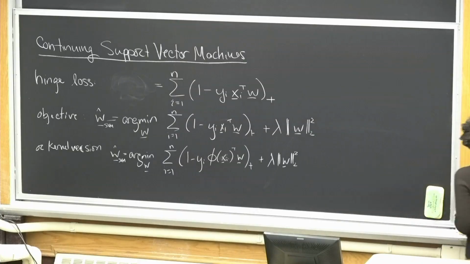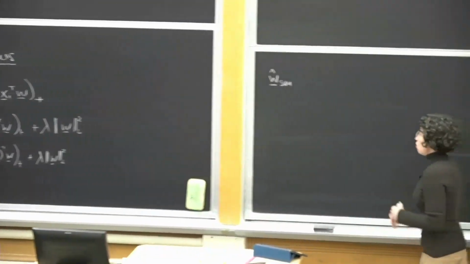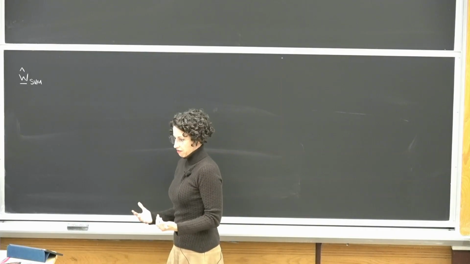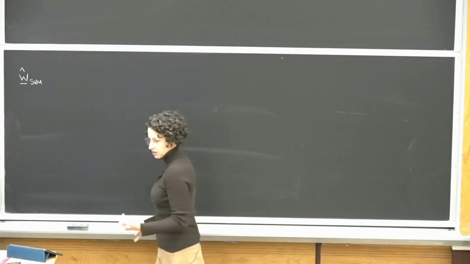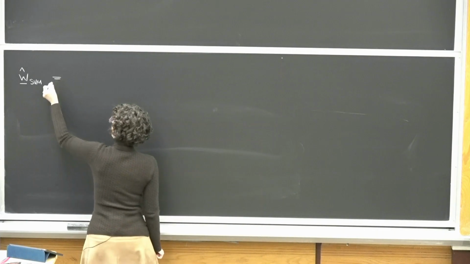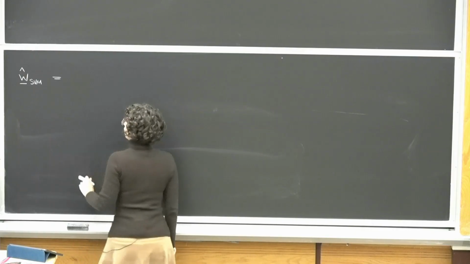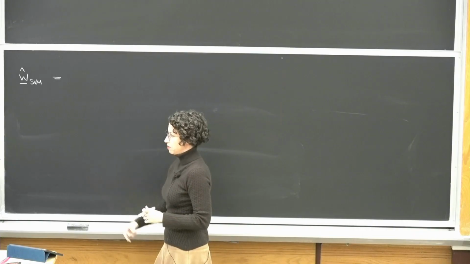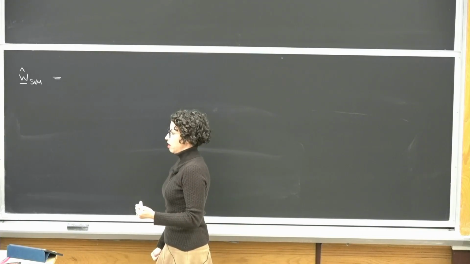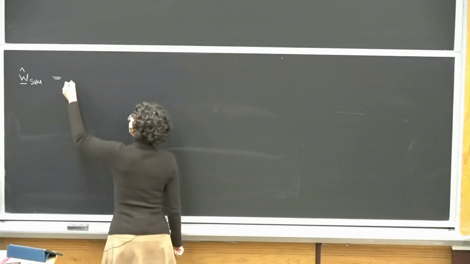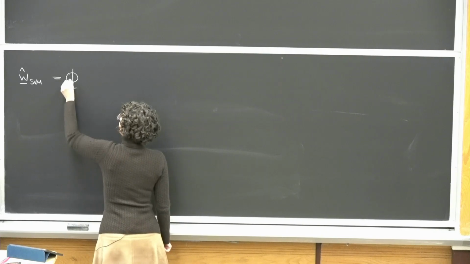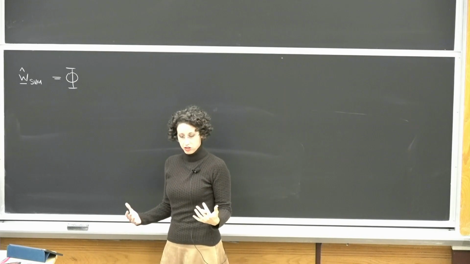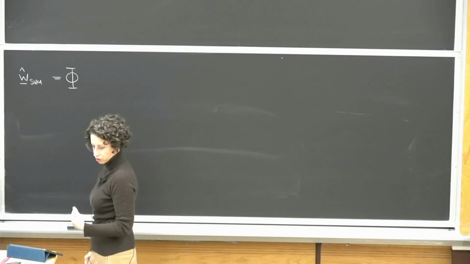So this support vector machine weight vector that we are going after can be written as a weighted sum of our features, either in their original feature space or in the bottom case, in our high-dimensional feature space. So in particular, recall that capital Phi would be our feature matrix in this high-dimensional feature space.